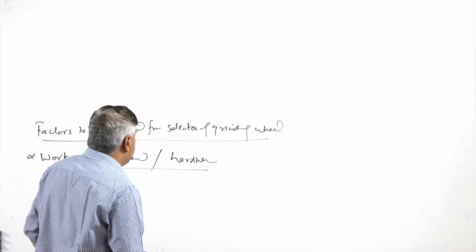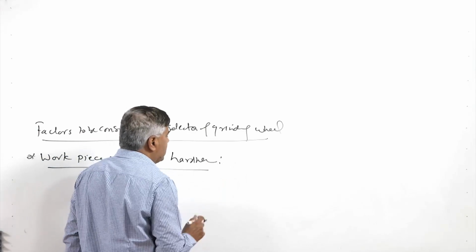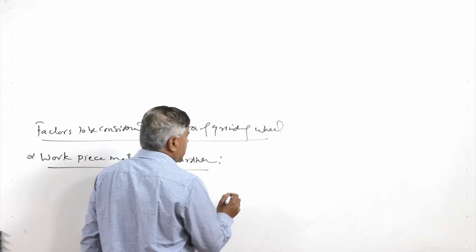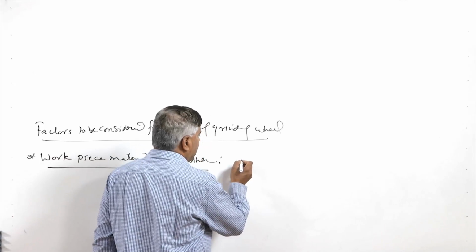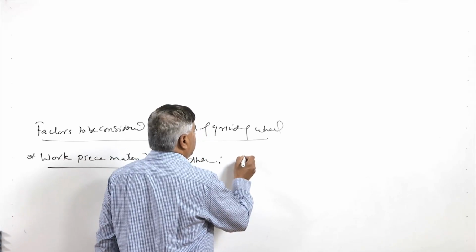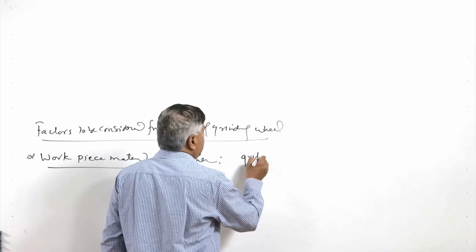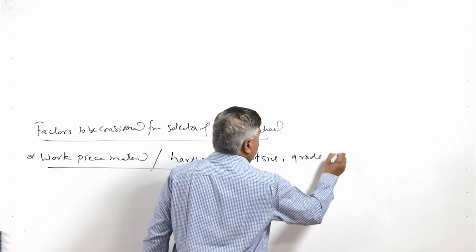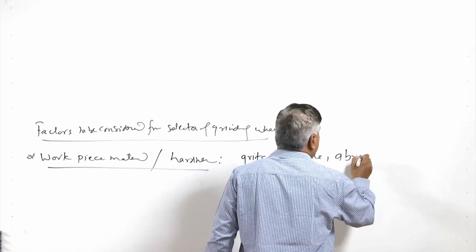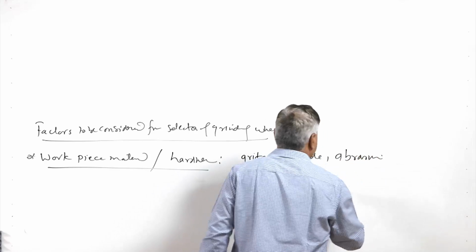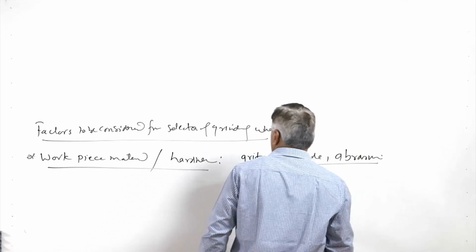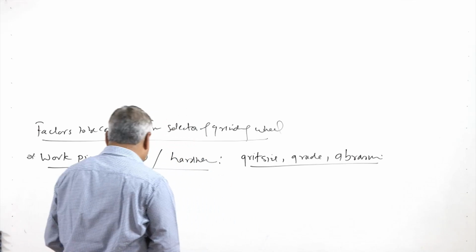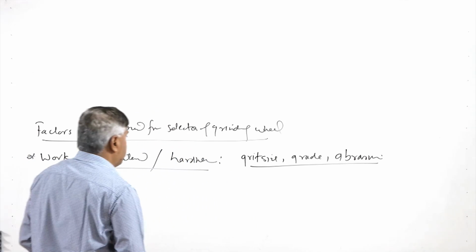So, the factors that we need to consider to take care of this aspect are the grit size, the grade of the wheel, and the abrasives. These are the three factors that need to be considered in light of the workpiece material to be processed.